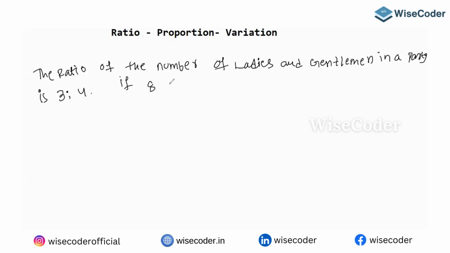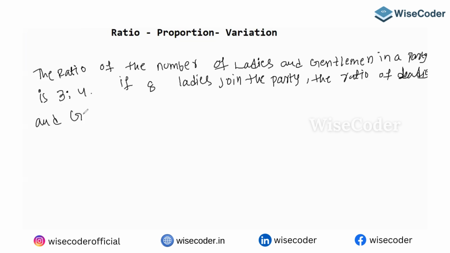If 8 ladies join the party, the ratio of ladies and gentlemen would become 5 is to 4.